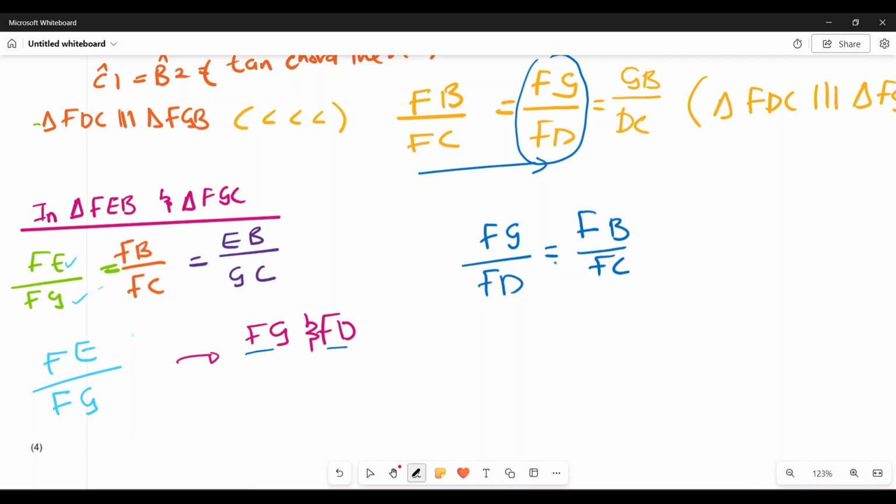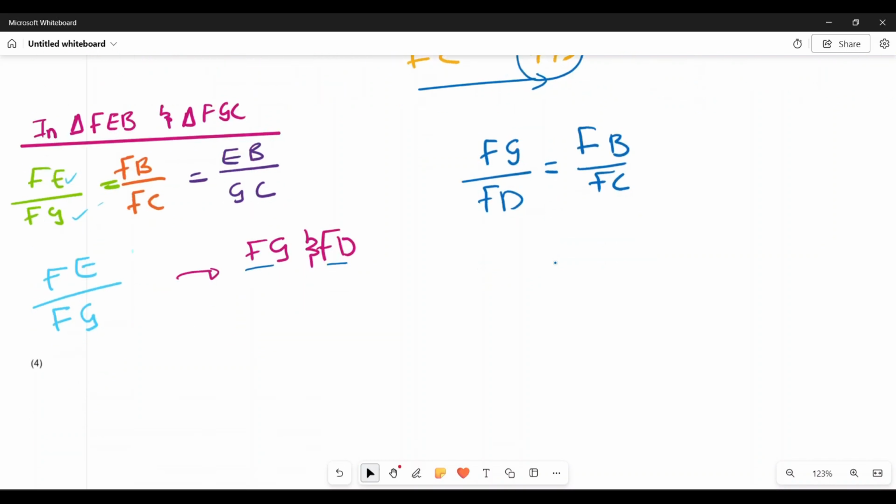Our FE over FG is equal to FB over FC. As a result, I can equate the two. In conclusion, FE over FG is equal to FG over FD, because both of them are equal to FB over FC.